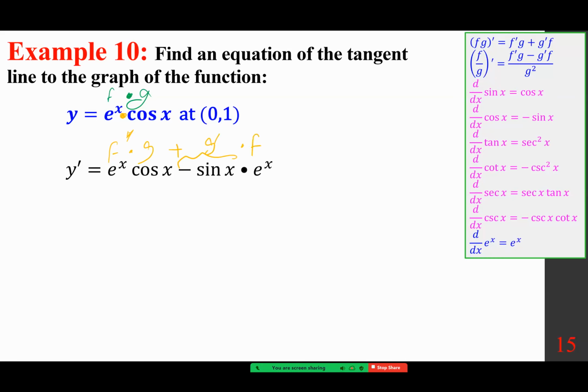G prime itself has a negative sign because the derivative of cosine is negative sine, okay? The derivative of cosine is negative sine, that's why. So we do have a plus sign, but this creates a negative sign. And so let's factor out e to the power of x. It looks better that way. We want to find the slope. So replace the x with 0.